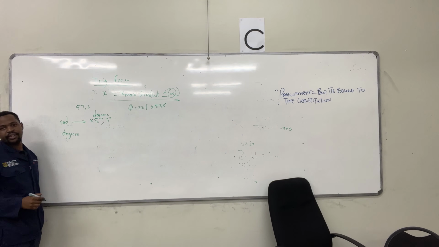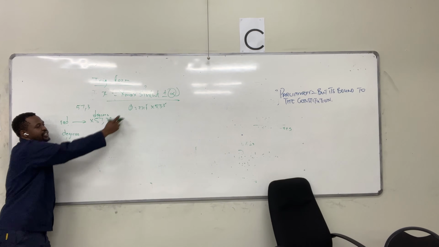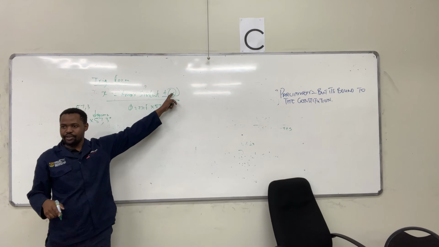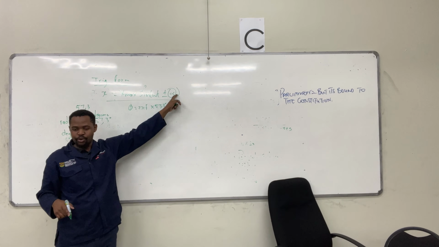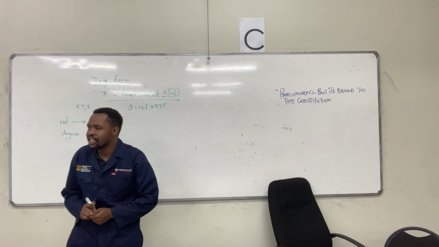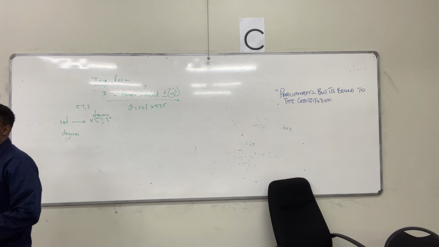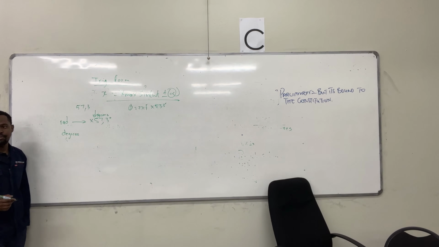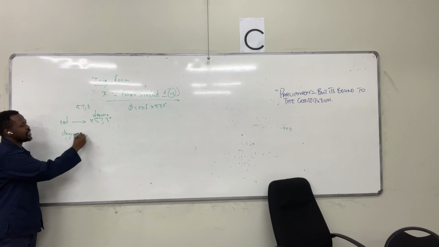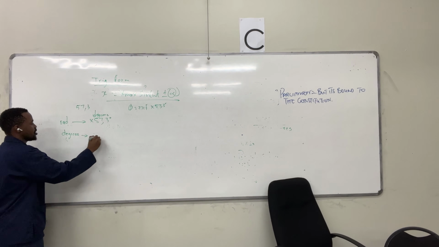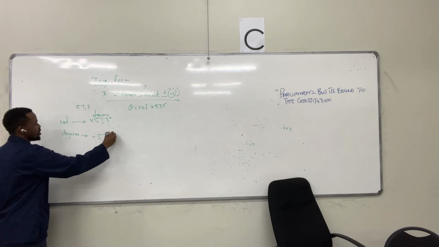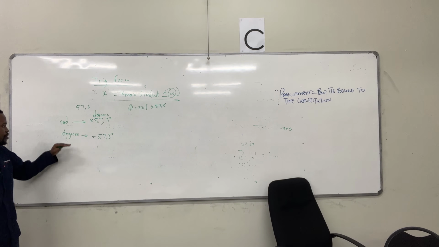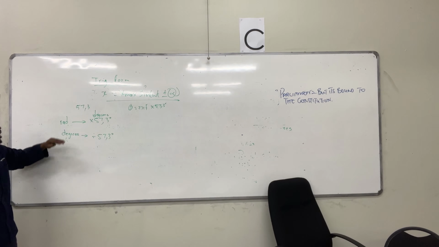Theta in degrees is not the same as alpha. Alpha is the phase shift, and theta is the angle of rotation of the conductor. When going from degrees to radians you divide by 57.3, and when going from radians to degrees you multiply.